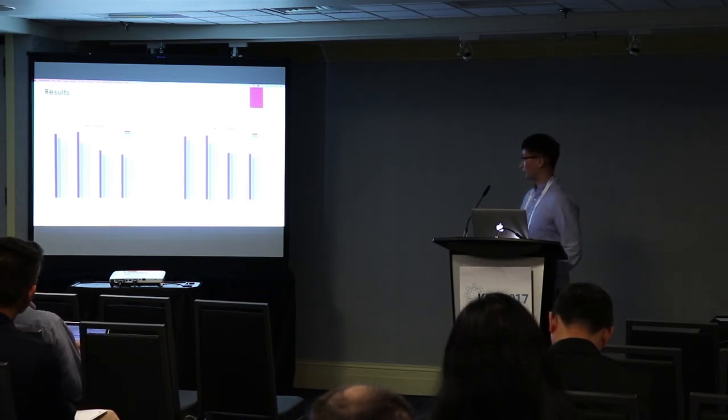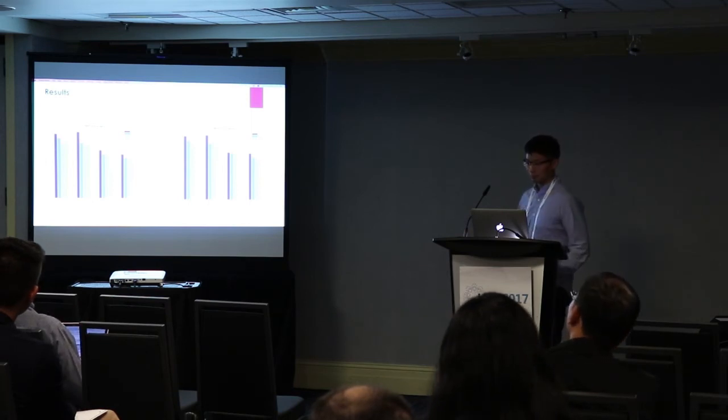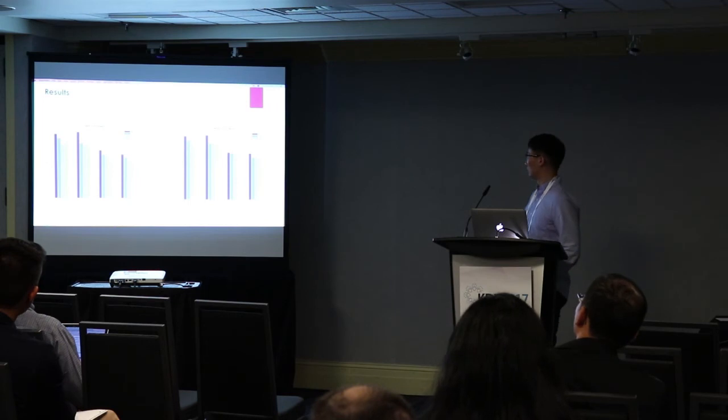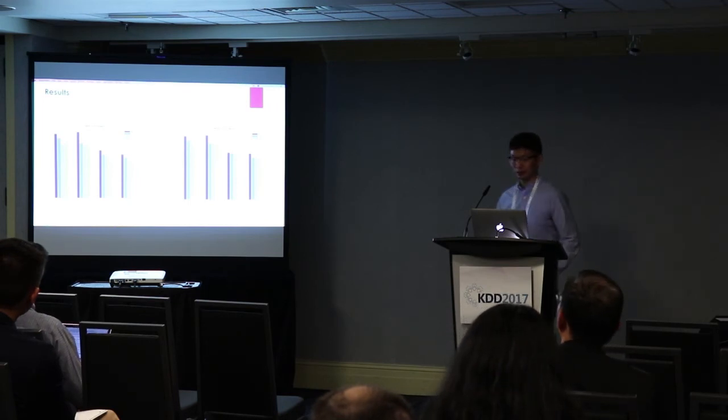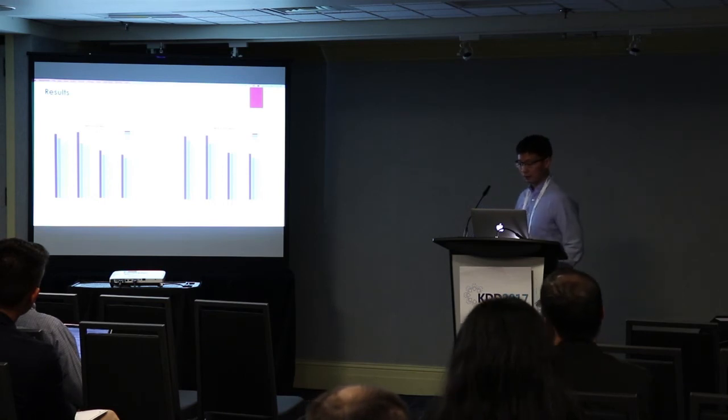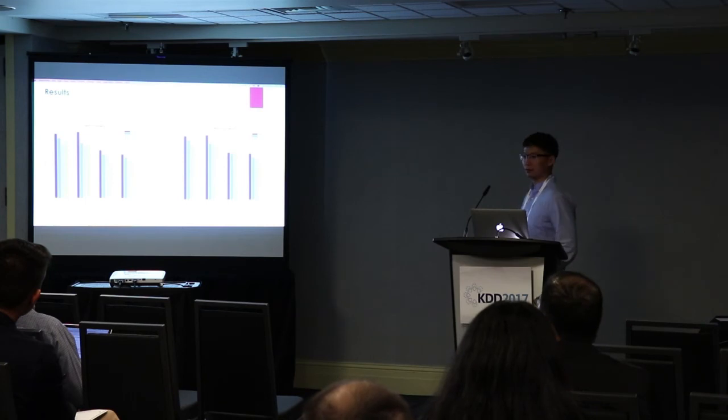For the low flexibility majors such as computer science and electrical engineering, the hybrid model achieves the best performance. And for the high flexibility majors such as biology and psychology, the model with the content features achieves the best performance.